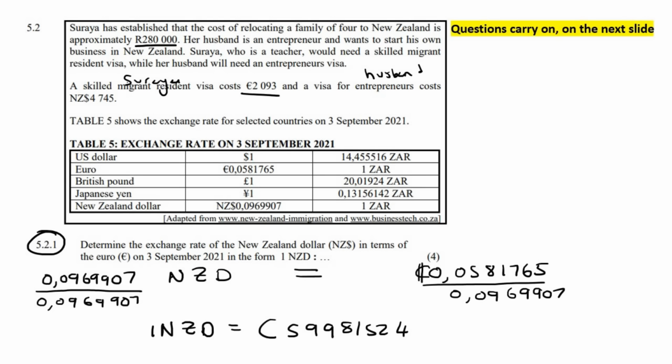What's the symbol for that again? Oh yes, this funny thing here. Okay, so 1 New Zealand dollar will give you 0.59981524 euros.